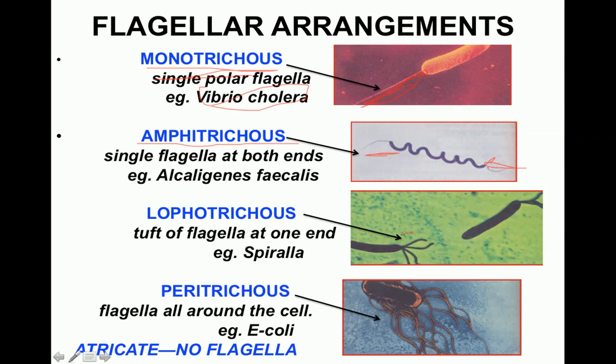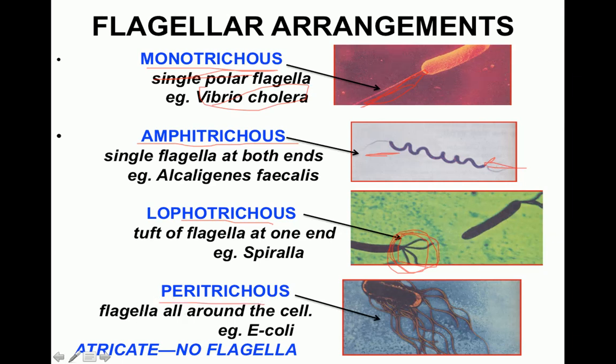And then we have a tuft of flagella present at one end, and that is known as lophotrichous. Lophotrichous is when 3, 4 or 5 flagella are coming out from one end of the bacteria. Now mostly the bacteria are peritrichous. Peri means all around.